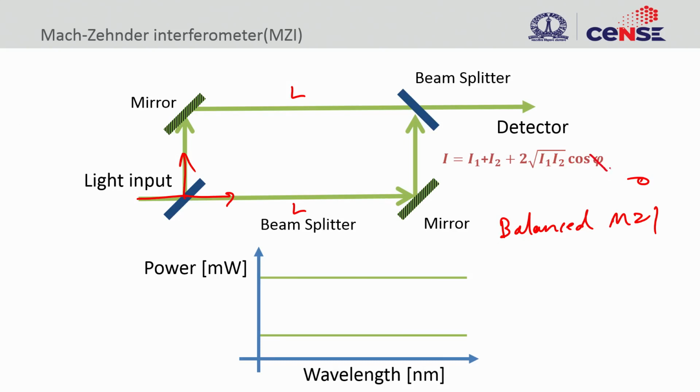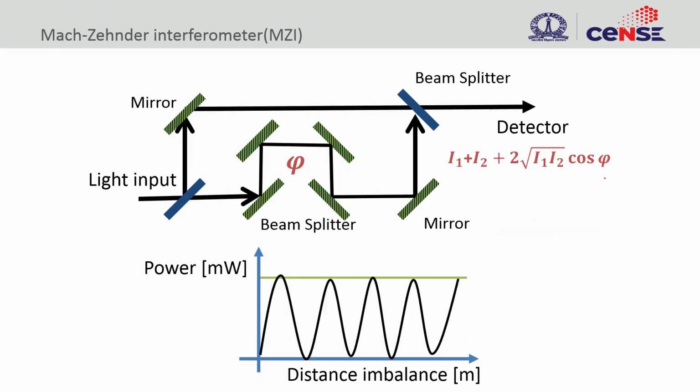Now if you put a delay here, that means you put in an additional path difference, which creates a certain phi here. So this factor becomes sinusoidal in nature as a function of this imbalance.